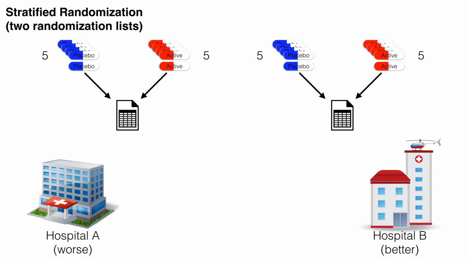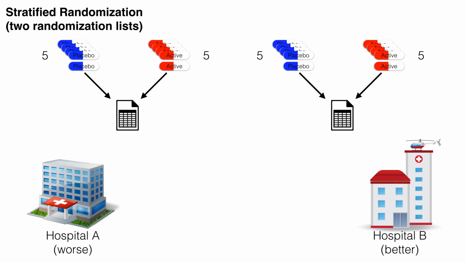So how does this look? Well, recall that we're randomizing 20 patients in total. And for simplicity, let's say that 10 are going to be randomized at each hospital. So in contrast to the previous example of simple blocked randomization, stratified randomization will generate 2 randomization lists, one for each stratum. And the stratum in this case is simply the hospital at which the patient is enrolled into the study.